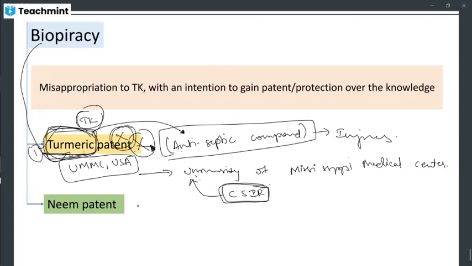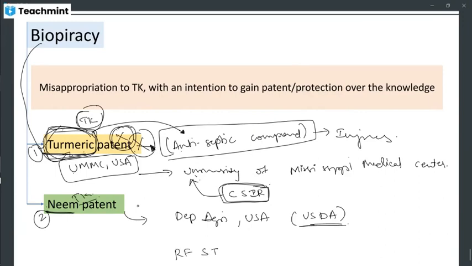And then the second example is neem. Similarly, neem traditional knowledge was patented by the Department of Agriculture, USA. Okay, so in short form it is the US Department of Agriculture, USDA. And even when they patented the neem traditional knowledge, right, this was again countered by the Research Foundation for Science, Technology and Ecology of India.